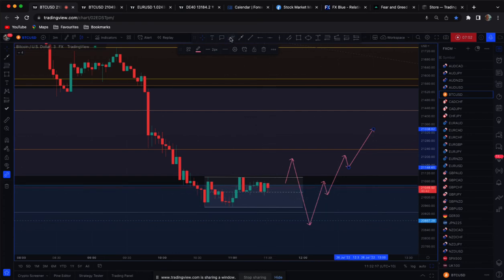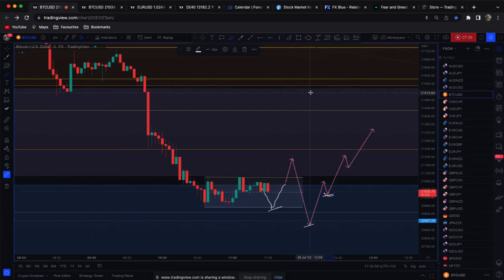If it trades like this, there's a low, and then you get this higher low forming, and then you get movement north. So follow the highs and the lows if this sets up like that.